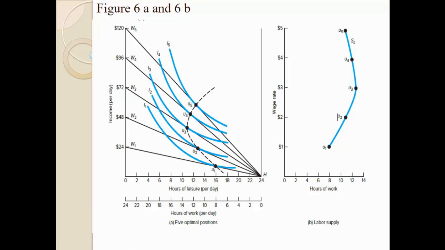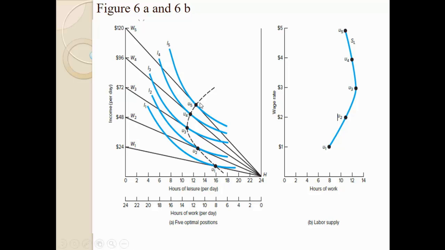Now, at this point, we see that the consumer prefers to work for fewer hours as compared to W3, because maybe this higher wage gives him more income by working for fewer hours.